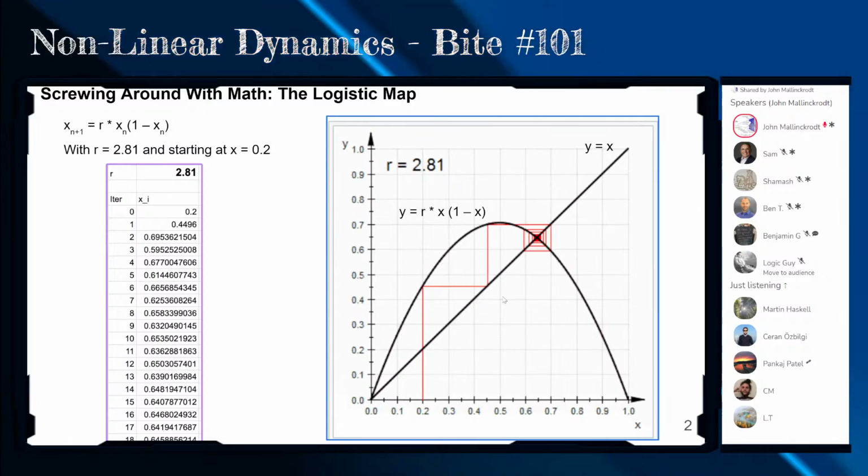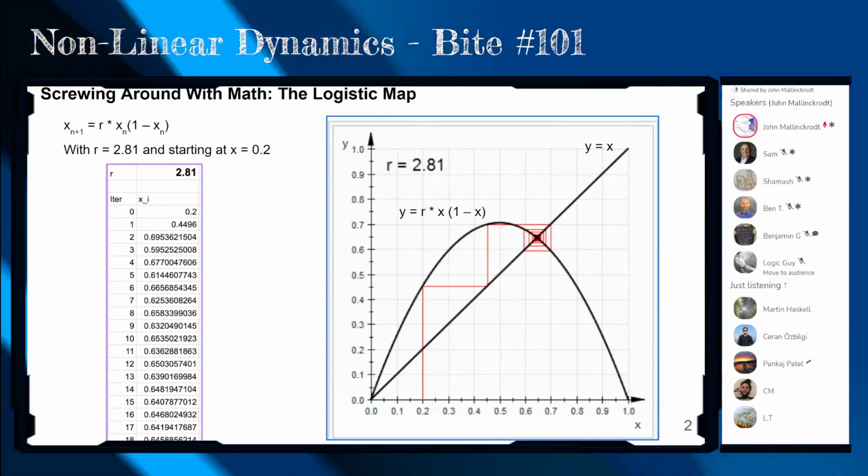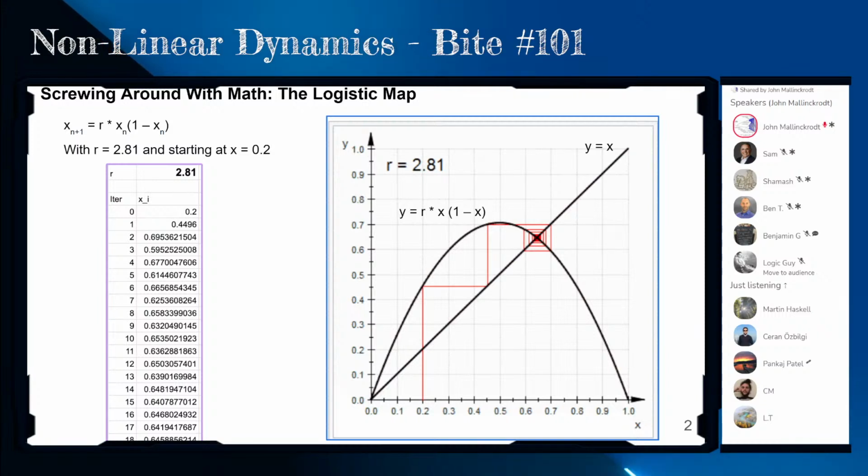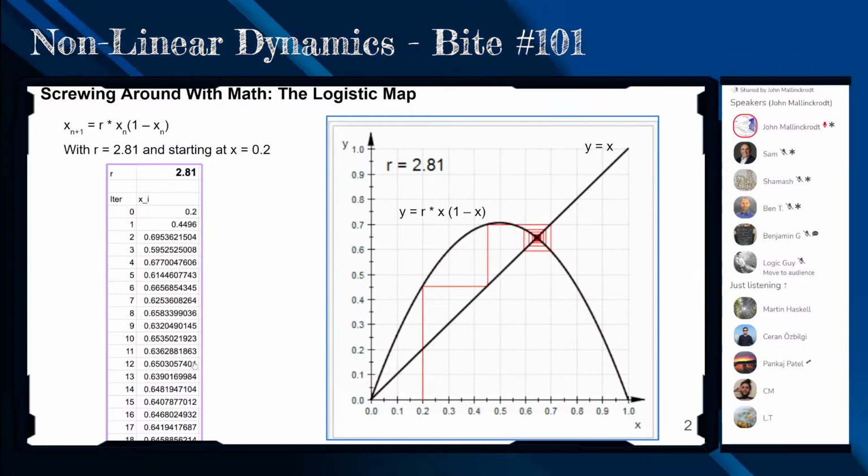And the easy way to do that is just to draw that first red horizontal line from the place where the first vertical hit the function, draw it over to the y equal x line, and now you are at x equal 0.4496, and you can just draw another vertical red line up to the function.